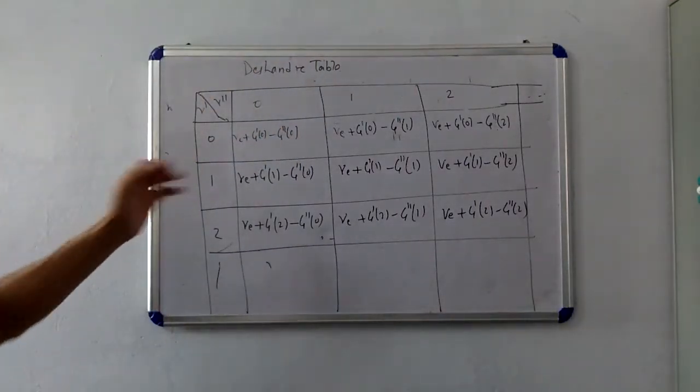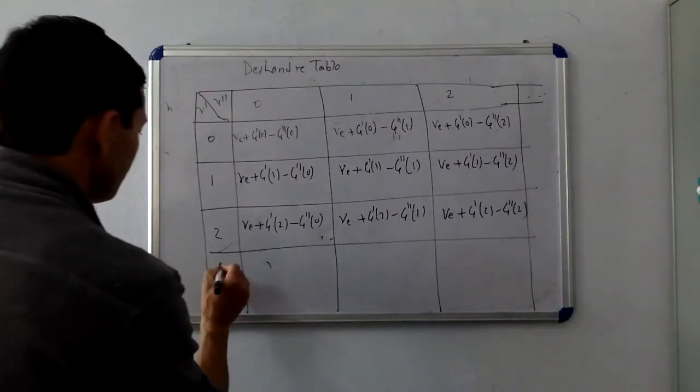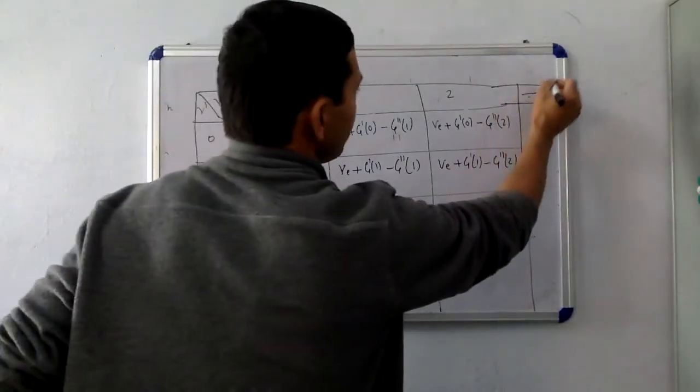This is called the Deslandres table, and you may have all the higher values in this fashion.